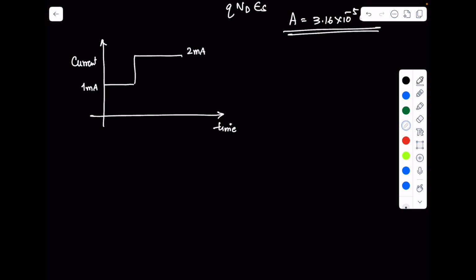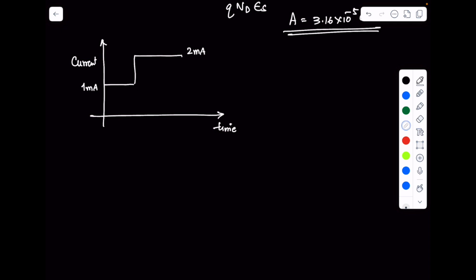What's going to happen when this current flips? Think about this, the diode works like a capacitance. So which means that it cannot quickly move to the higher current. So what's going to happen is the voltage is going to slowly settle and eventually settle to a point such that it supports a 2 milliamp current, right?